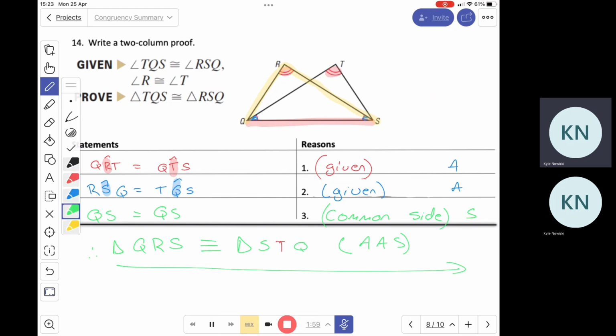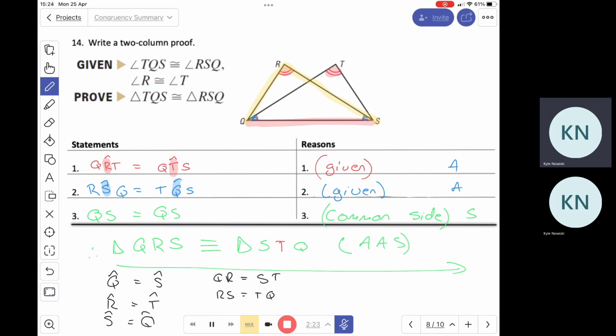And what we know about this now, which is an important thing, is we know that angle Q is equal to angle S. We know that angle R is equal to angle T. We know that angle S, obviously, again, is equal to angle Q. We also know that the line of the triangle QR is equal to ST. We know that RS is equal to TQ.